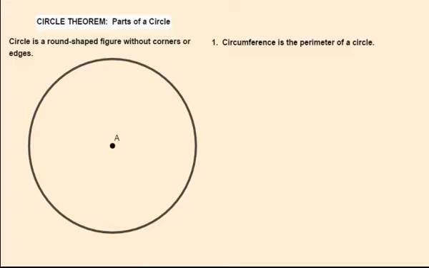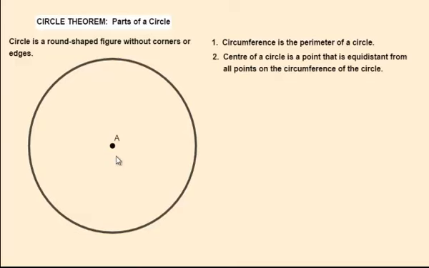And every circle has a center. The center is a point that is equidistant from all points on the circumference of the circle.